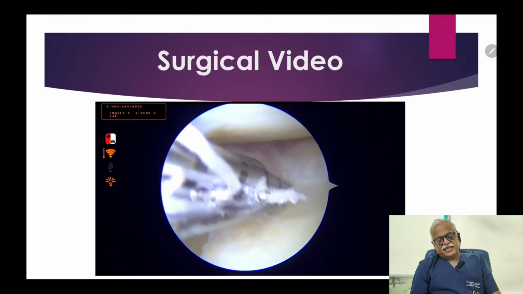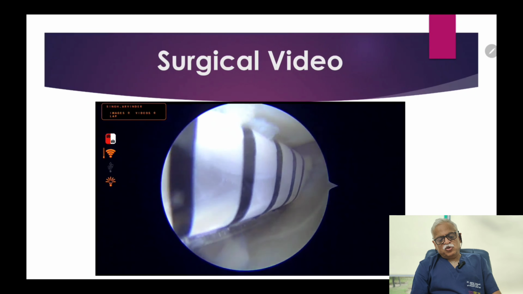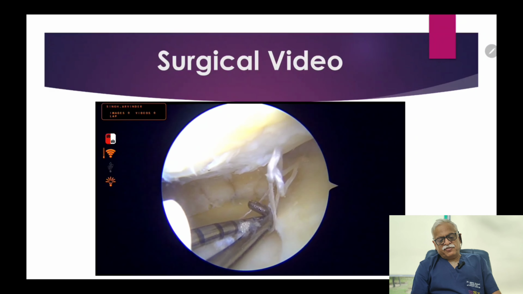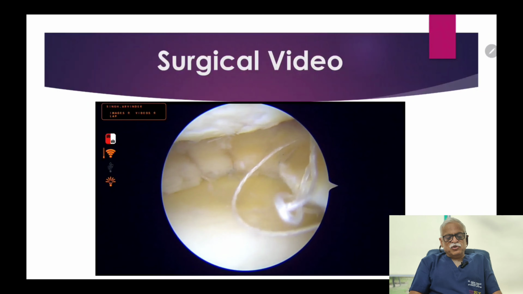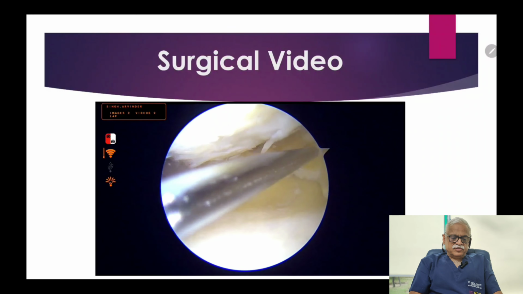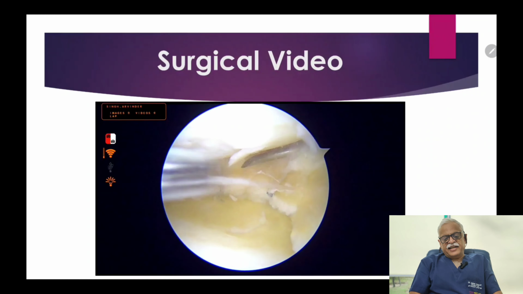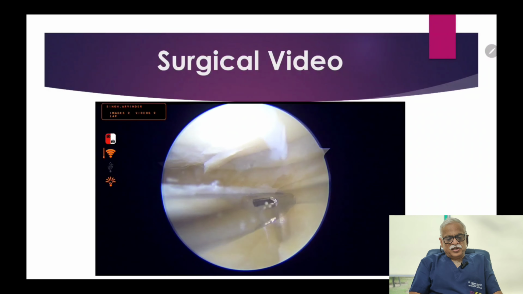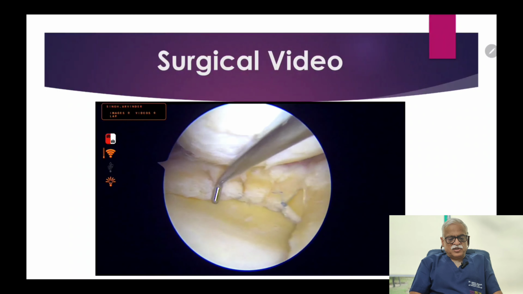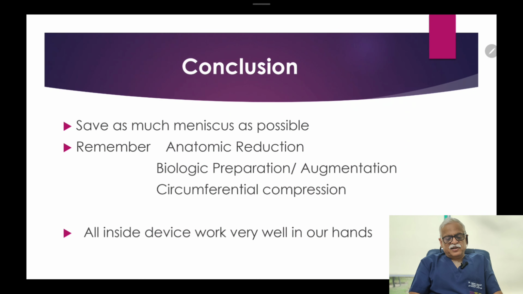In this case, as you can appreciate, we are using the fifth anchor. Again, the probe is being used to guide the lower anchor into its position, and this is again tightened to give a very stable configuration. As you can see, this is a very stable construct now.